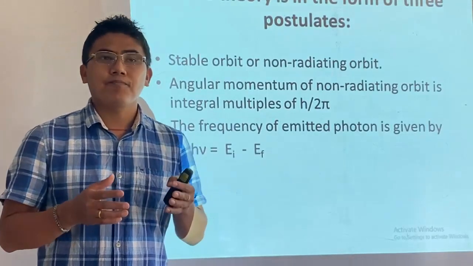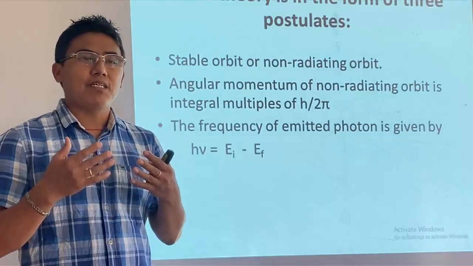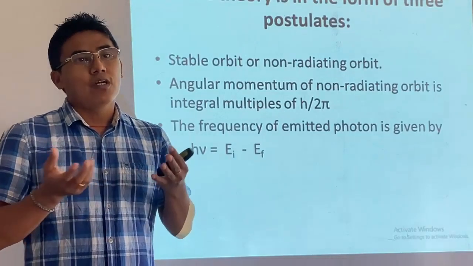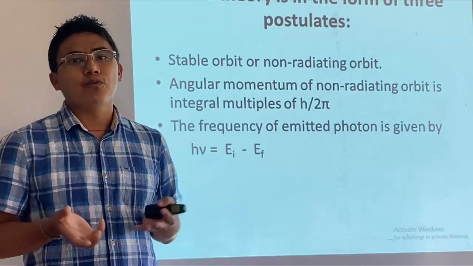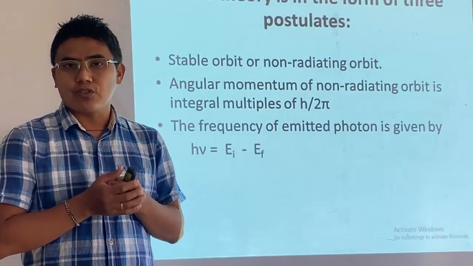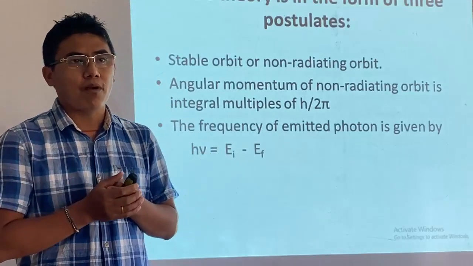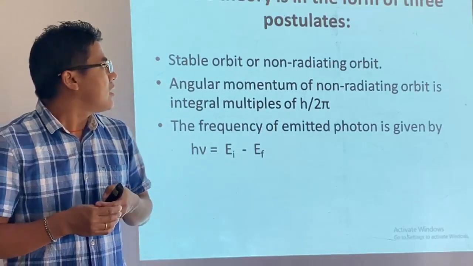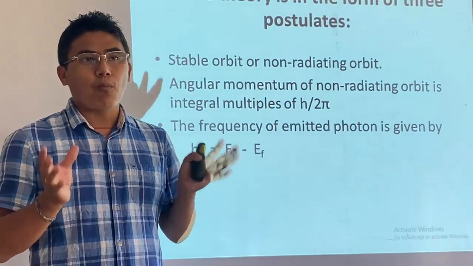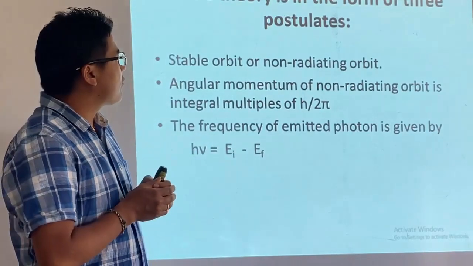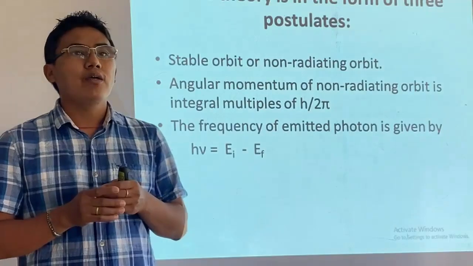So many observations had been made much before Rutherford, and his model was not able to explain those observations, such as the emission spectra we talked about last time. Then we talked about the Bohr model.